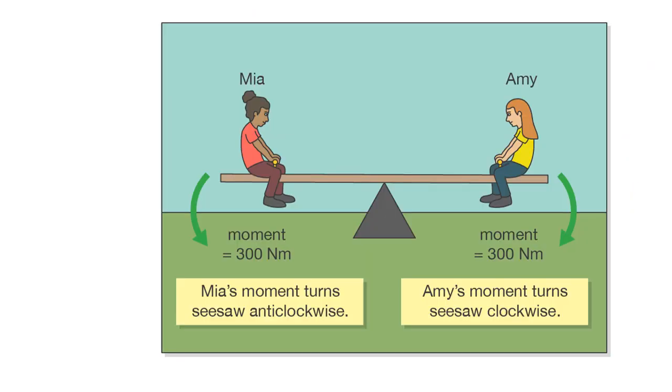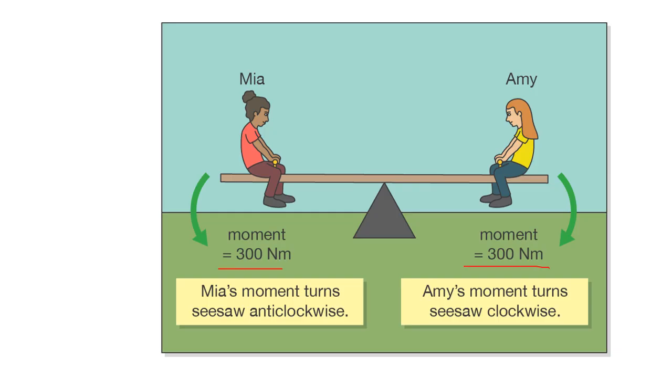Now, similarly, look at this place, two girls are playing on a seesaw. If Mia's weight and Amy's weight are the same, and they are sitting at almost equal distance, the moment generated by both of them is also equal.